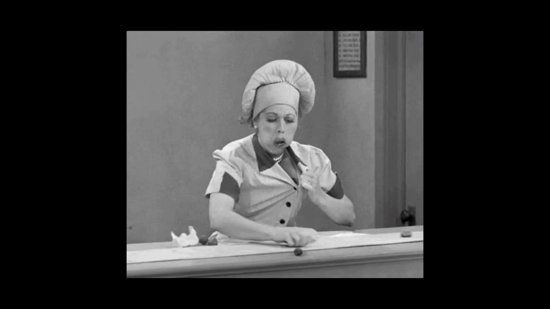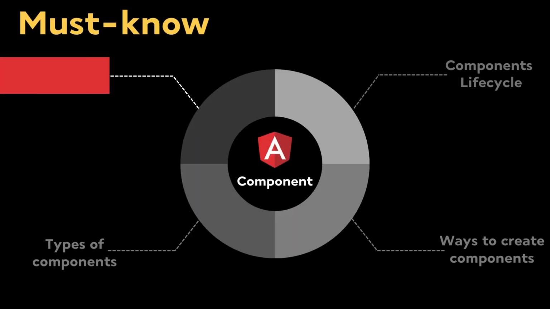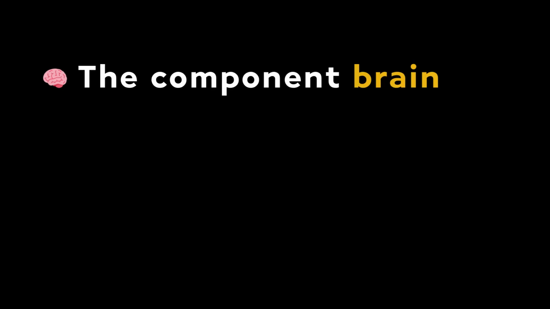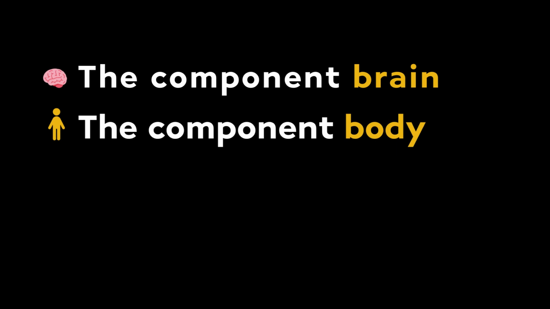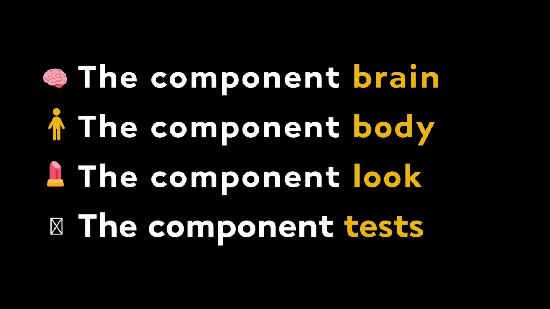So each point will be detailed in a dedicated episode. For this episode, you will learn the first must-know about components in Angular. For that, I will walk you through 3 mini blocks that compose a component. Each Angular component consists of the component brain, the component body, the component look, and finally the component tests.